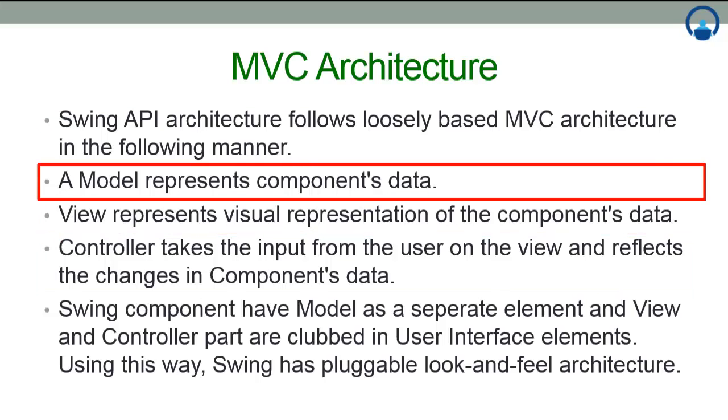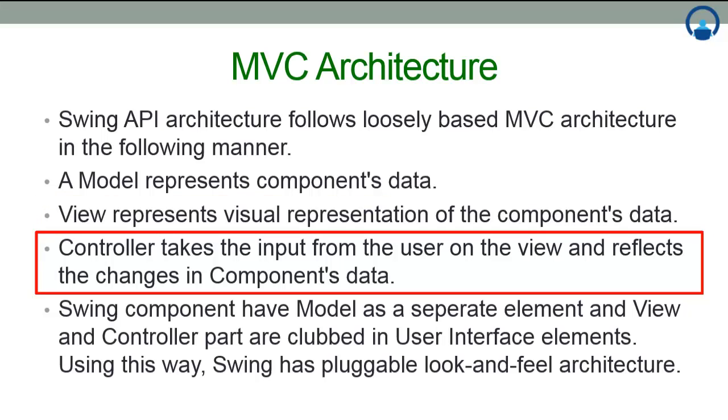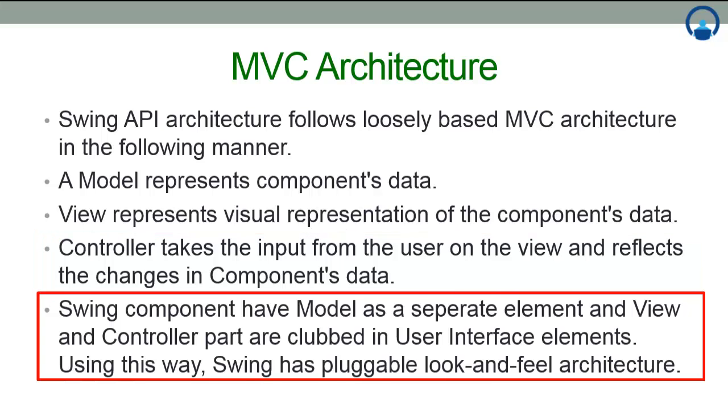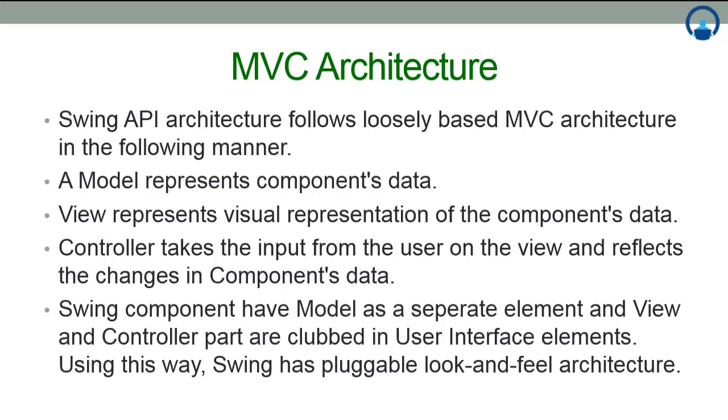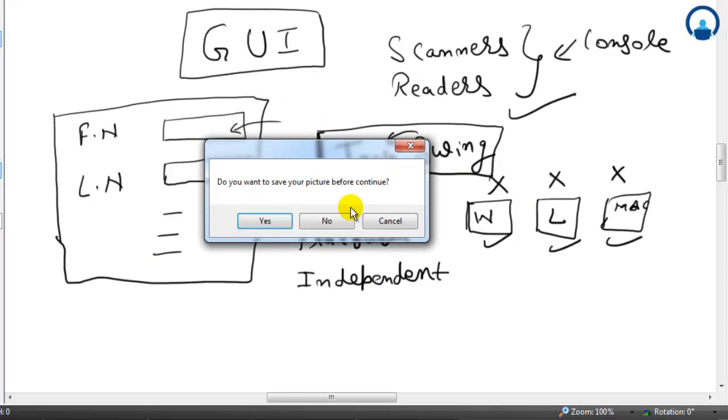A model represents the component's data, the view represents the visual representation of the component's data, and the controller takes the input from the user on the view and reflects the changes on the component's data. Swing components have the model as a separate element, and the view and controller are clubbed in the user interface elements. In this way, Swing has a pluggable look and feel architecture. I guess this might be a little difficult for you to understand, so first of all, we'll be discussing what MVC architecture is.